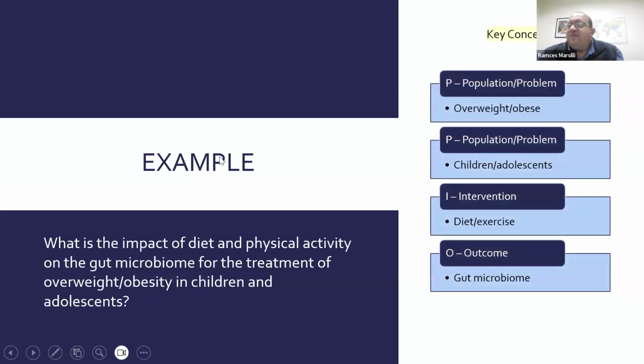Our population or our problem is overweight, obese. Our population also, we have two populations here, children and adolescents. The intervention would be diet and exercise, and the outcome is the effect on the gut microbiome. So we have identified that we have a PO type question.